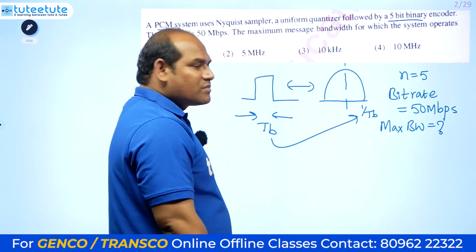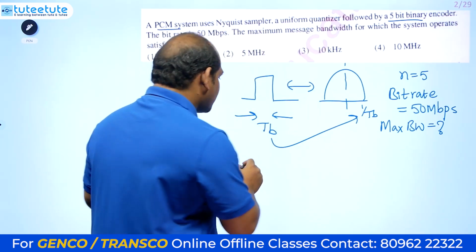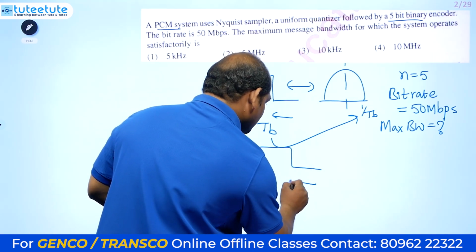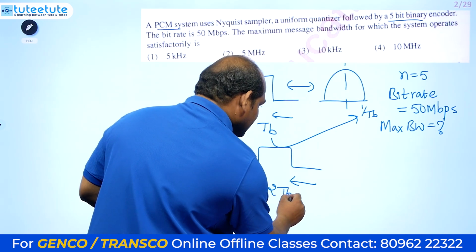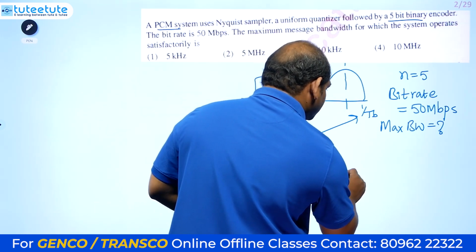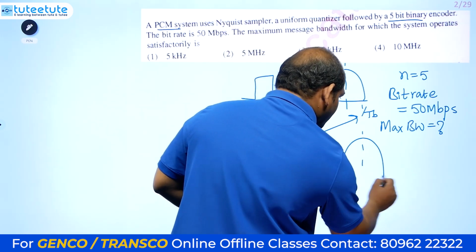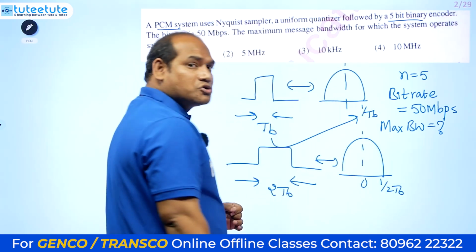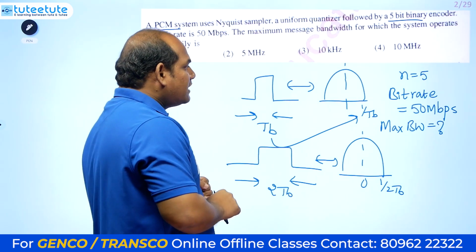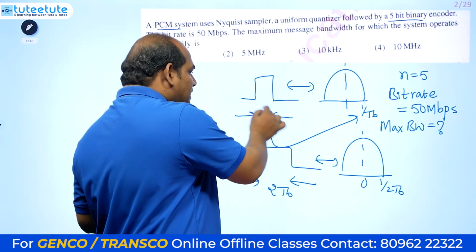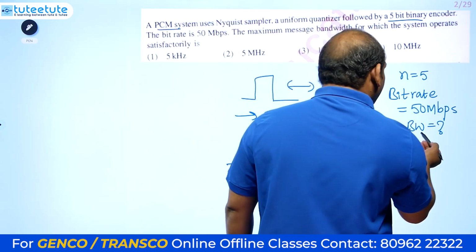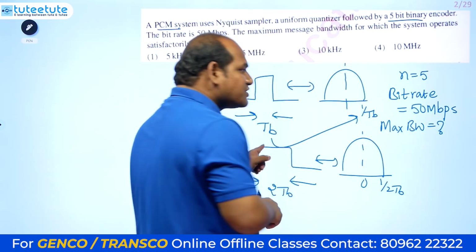When you send 2 bits, for example both are ones, the duration is 2 TB, then the bandwidth will become 1 by 2 TB, which is lesser than this one. So the maximum bandwidth you will get is when you send only one bit at a time, and it is given according to the bit duration only.